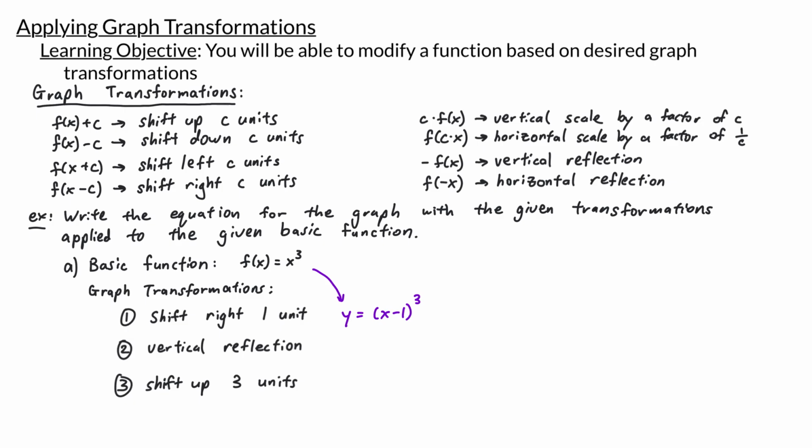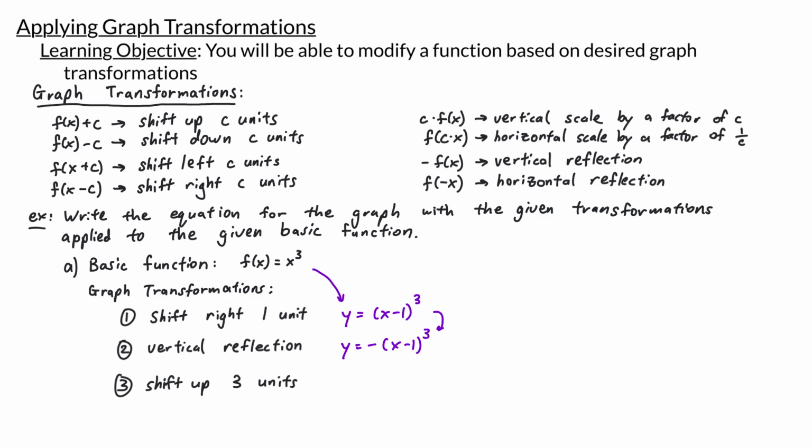Our next graph transformation is a vertical reflection. To do a vertical reflection, we look at negative of our function. So we'll take the formula that we have right now and just multiply it by -1. So our equation now becomes y equals negative of (x minus 1) cubed.